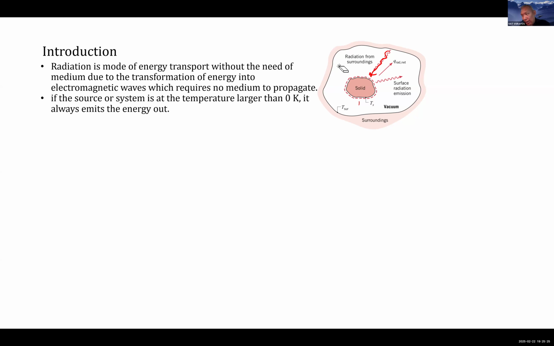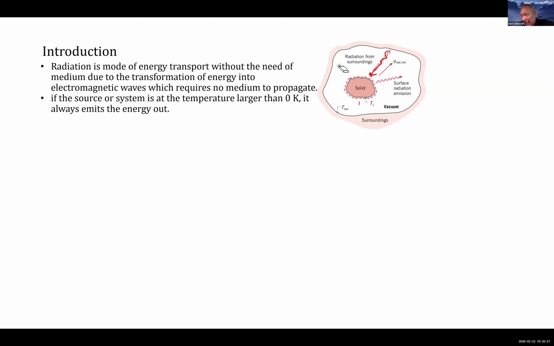In conduction and convection, when you have a higher temperature surface and a lower temperature side, heat always comes from the high temperature side to the lower temperature side. It doesn't matter, conduction or convection, it's the same. Heat goes from higher temperature to lower temperature, not the other way around.